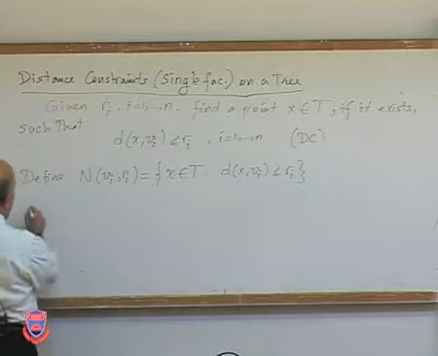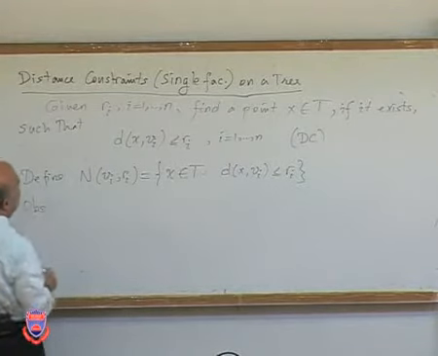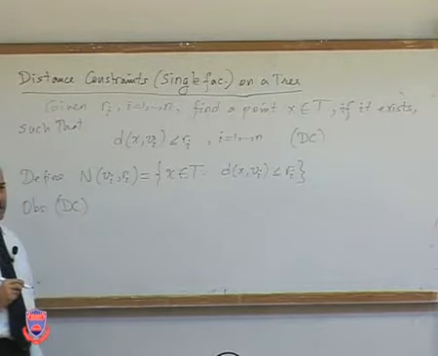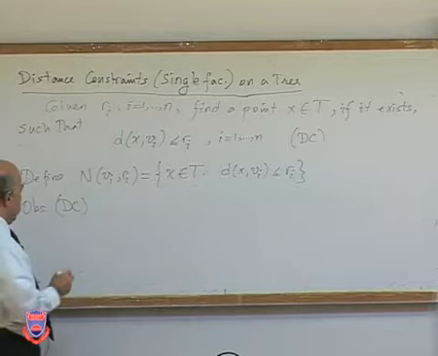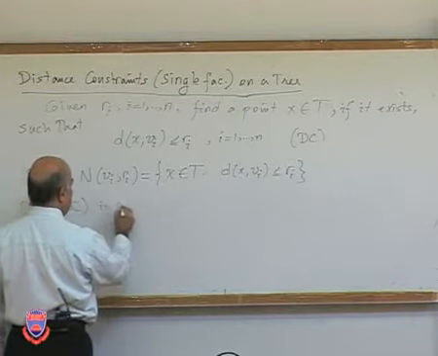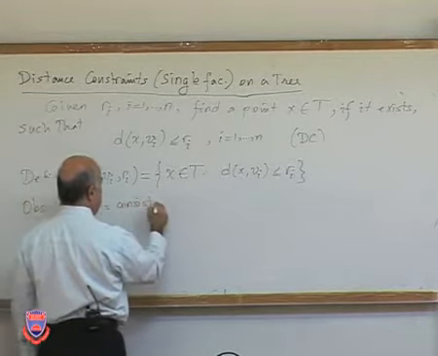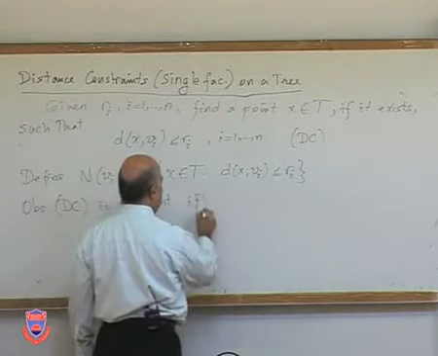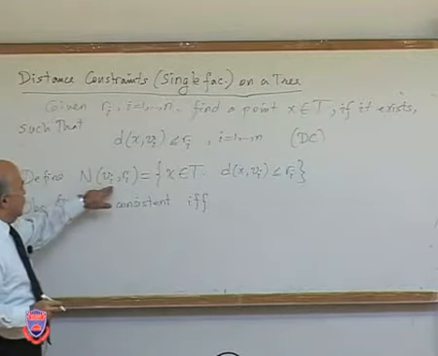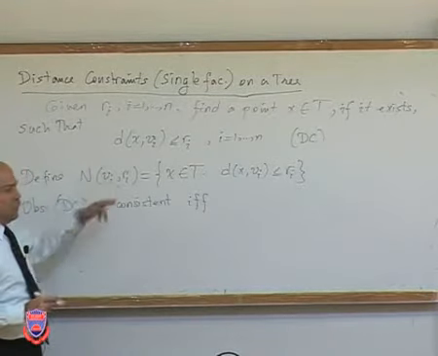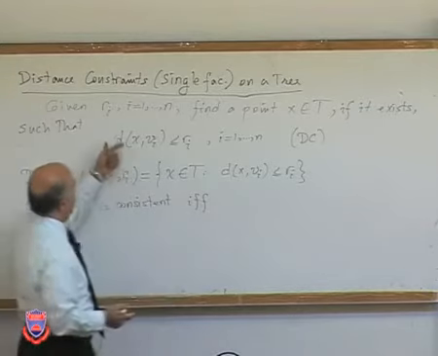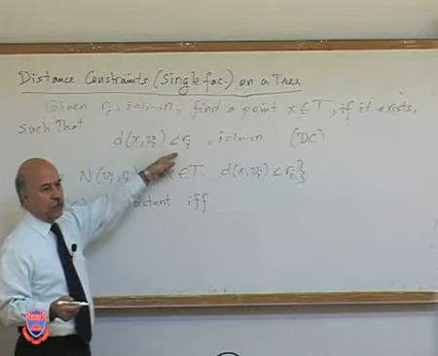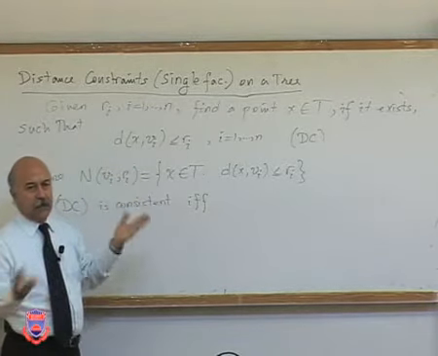And then we observed that the distance constraints are consistent, meaning that there is a feasible solution. DC is consistent, or admits a feasible solution, if and only if the intersection of these neighborhoods is non-empty. That's straightforward, because when you look for a point x satisfying all constraints, you are looking at the intersection of these neighborhoods.